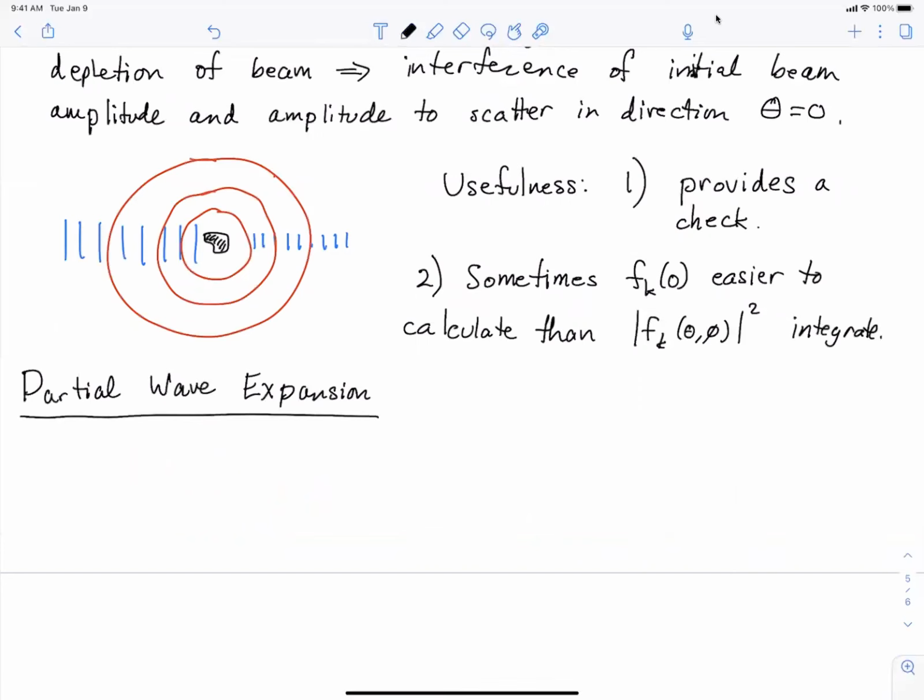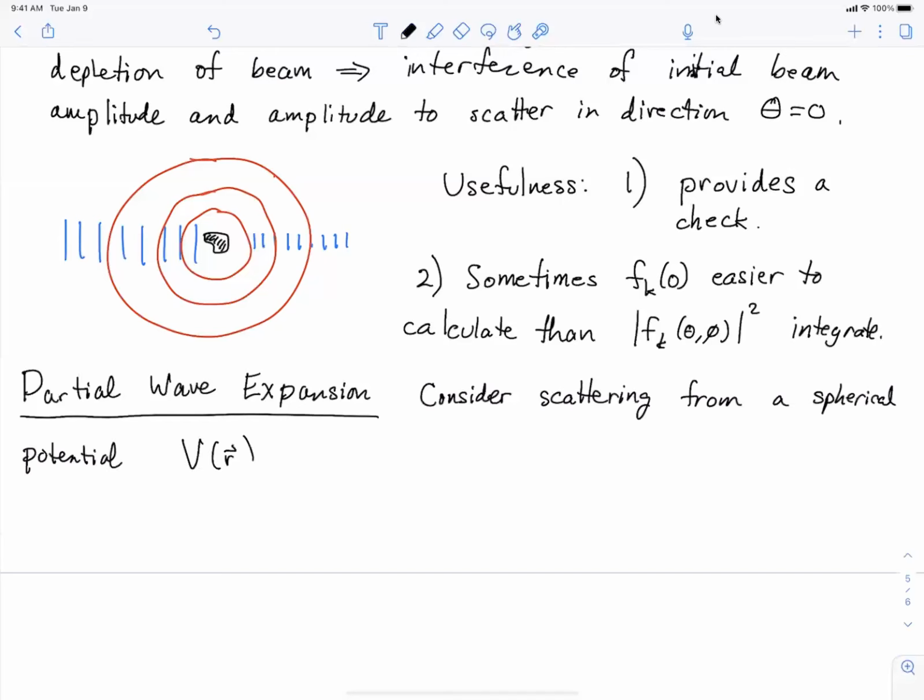So I want to emphasize that now we're going to be just talking about scattering from a spherical potential. The optical theorem applied to any potential, but now we're specializing to a spherical potential, which is just a way of saying that our potential as a function of position only depends on the radial coordinate.